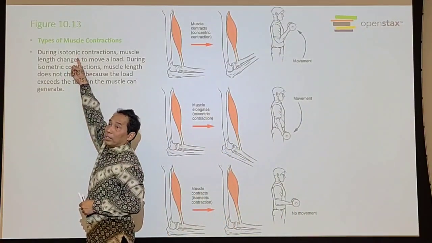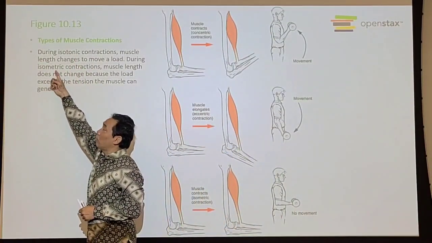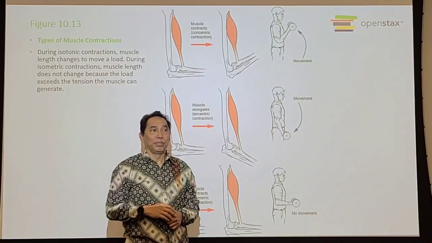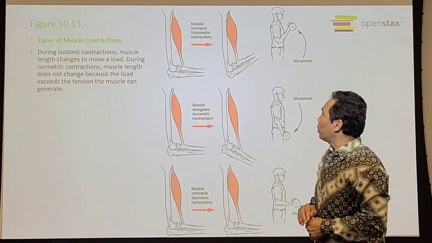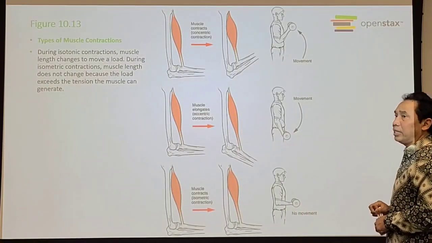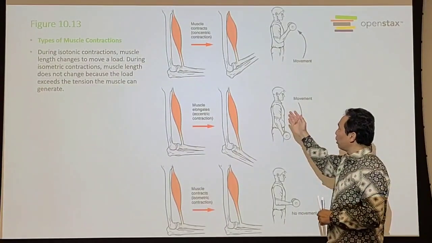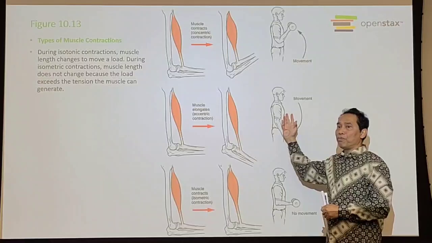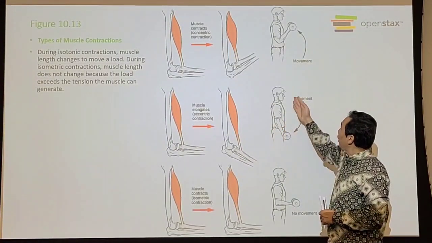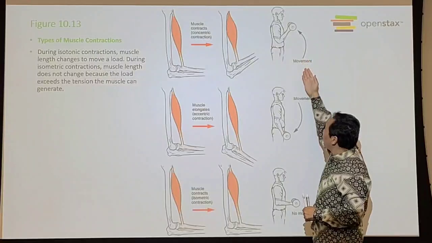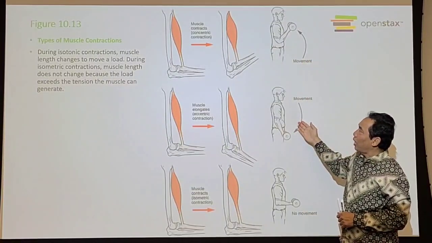Isotonic contraction. And the second one is called isometric contraction. Now what is the difference? The isotonic contraction is when the muscle contracts, it moves the object or it moves your body. Right? So like this one, that's isotonic. This is also isotonic.